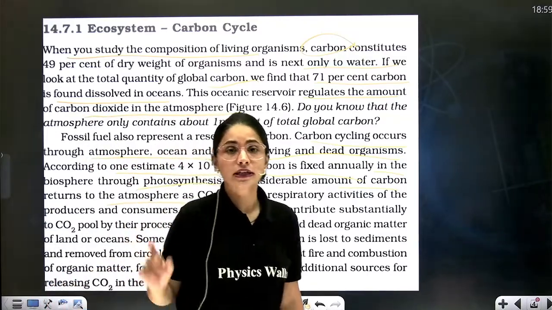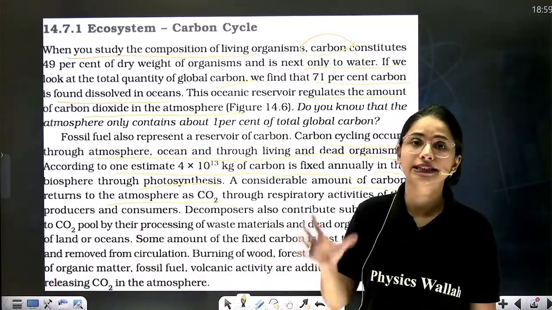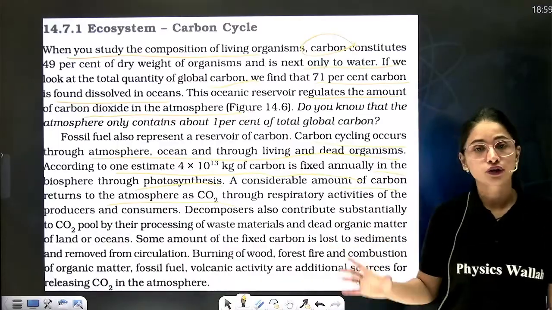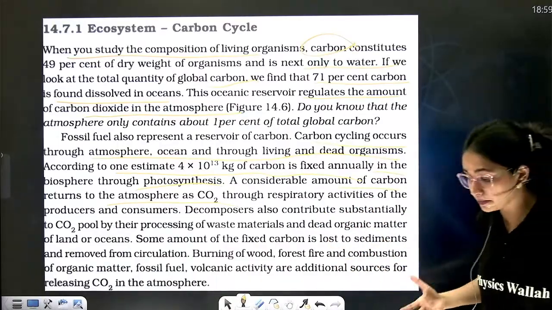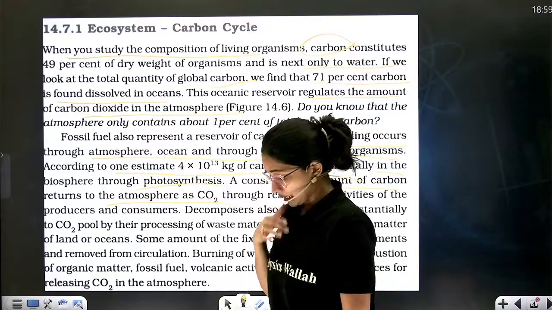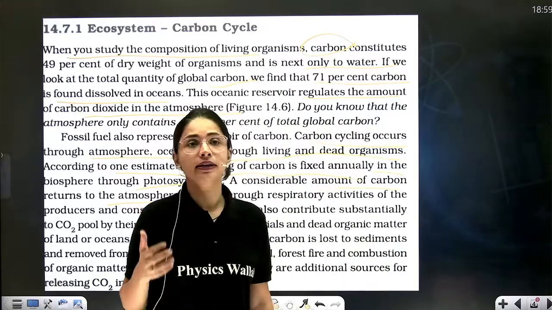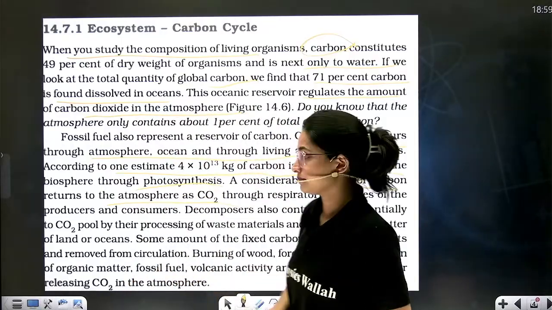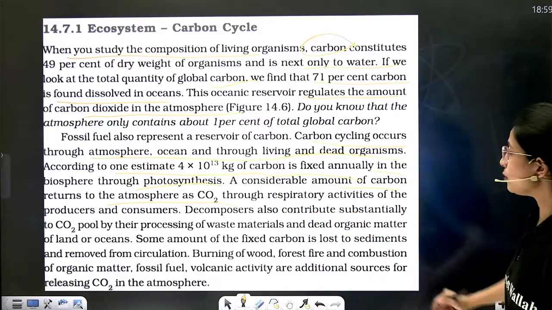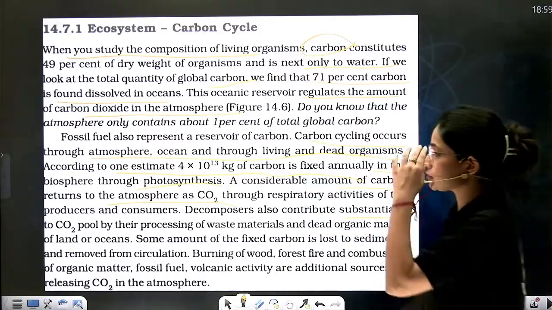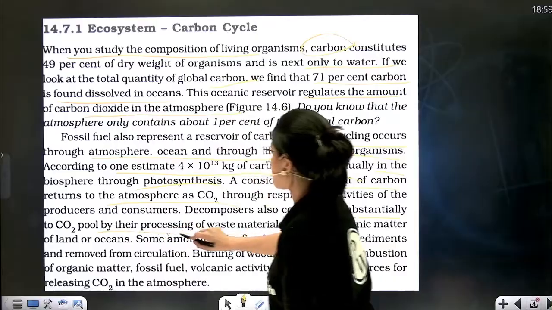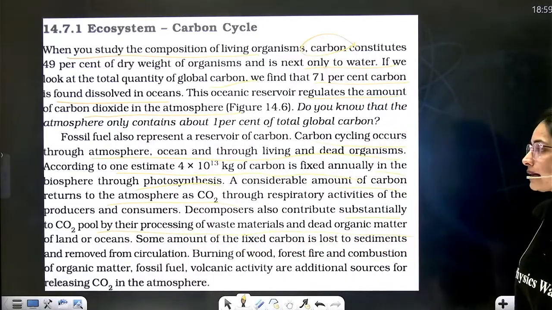So this decomposition is also an energetically expensive phenomenon, and it is an aerobic process which consumes oxygen and releases CO2 outside. So read it. Decomposers also contribute substantially to the CO2 pool by the processing of waste material and dead organic matter.